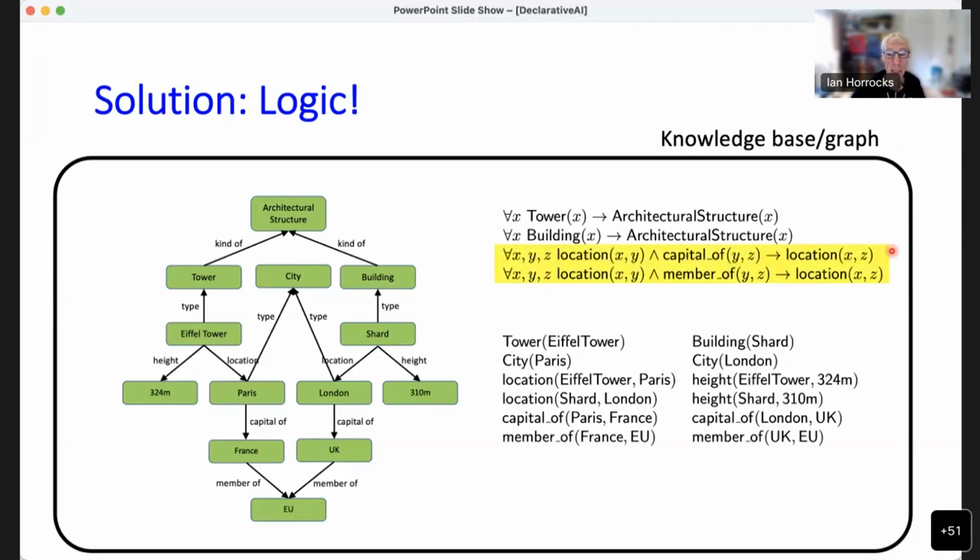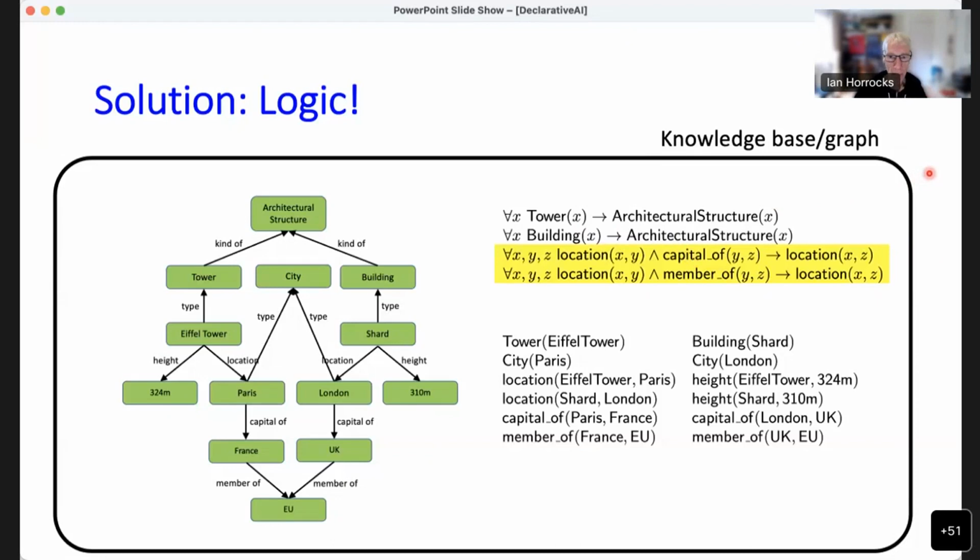So, for example, I could add these two axioms that axiomatize my intended semantics of the interaction between location of and capital of edges and location of and member of edges. This semantics isn't built in. I've added this axiomatization, and we can discuss whether or not this is correct or incorrect. But at least here I've formally explicated my intended semantics for those edges.